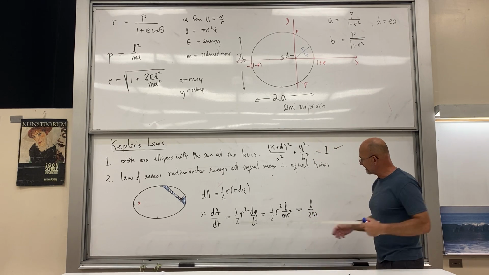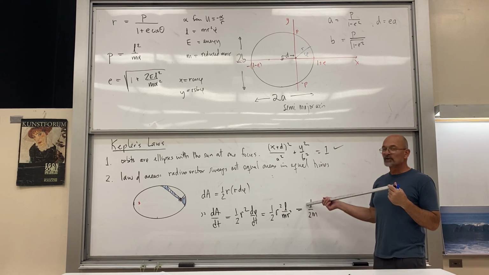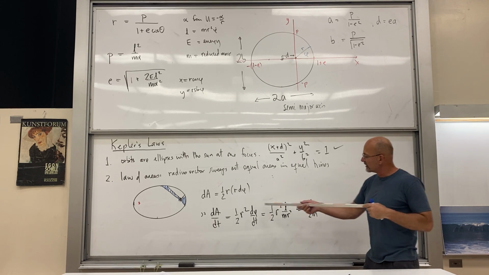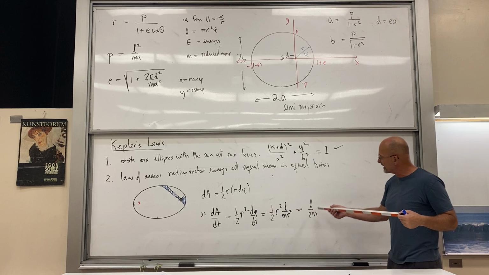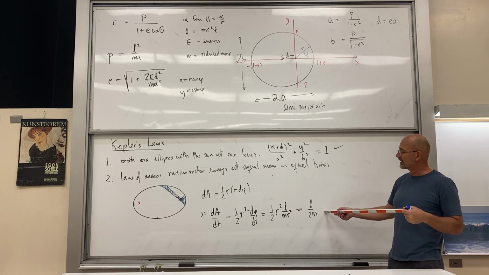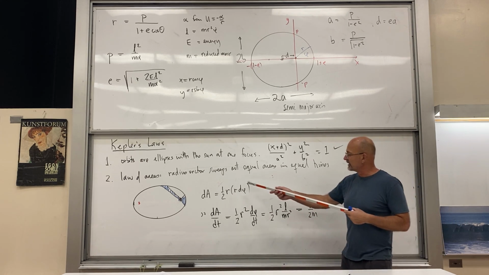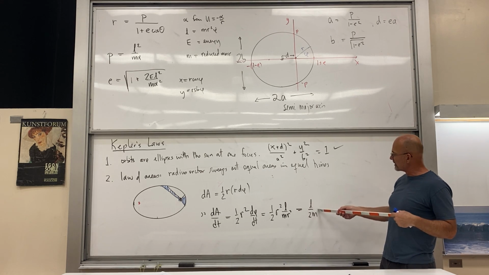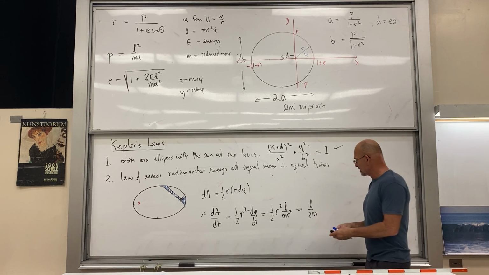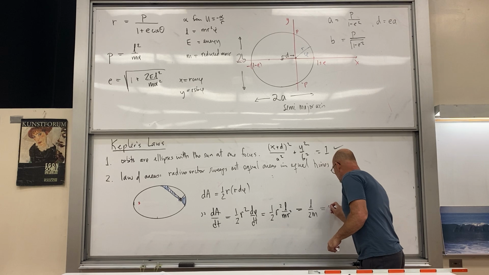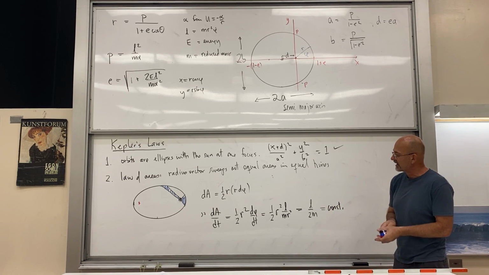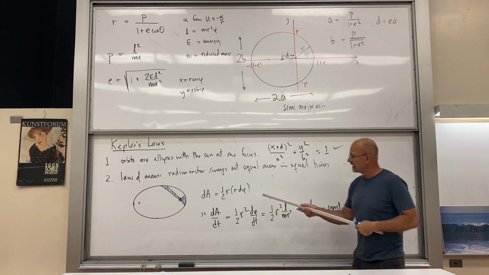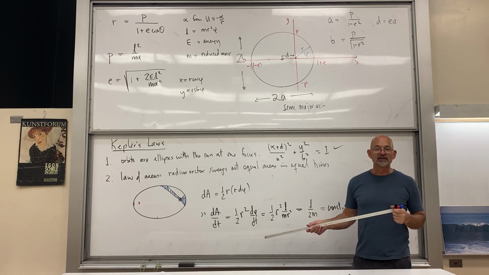Well, the mass is a constant, the angular momentum is a constant, so the rate at which the area is swept out is constant. Therefore, equal areas in equal times follows directly. What's important about this is that Kepler's second law was already implicit in the conservation of angular momentum.